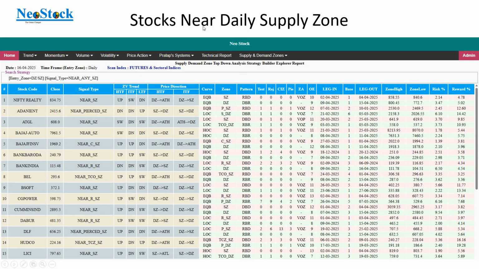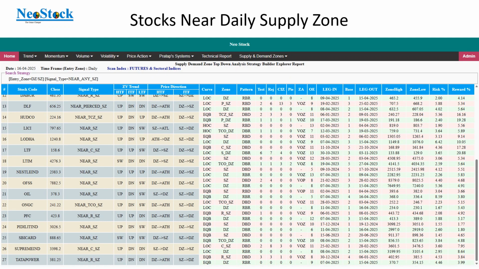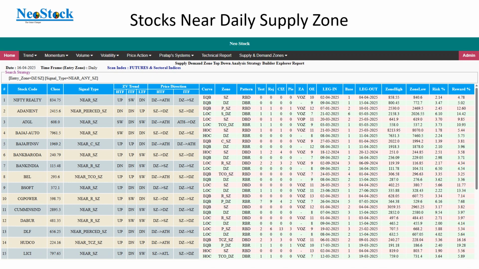Next, stocks near daily supply zone. We got 27 stocks. So let us look into high liquidity supply zones. Bajaj Finserv is having a high liquidity supply zone. Bank of India is a PRZ zone, ignore it, not valid.